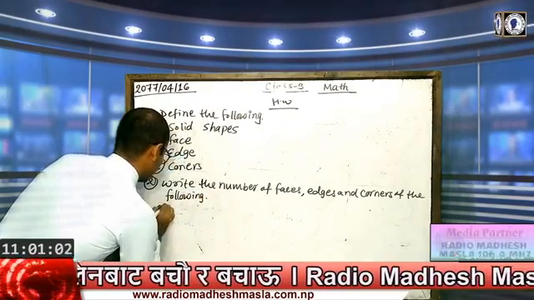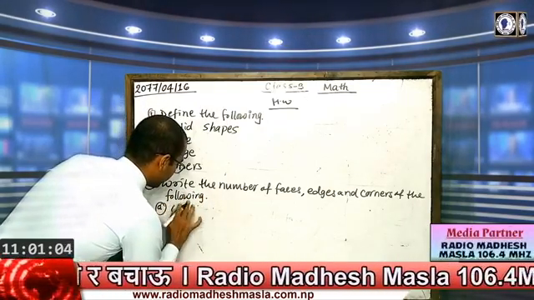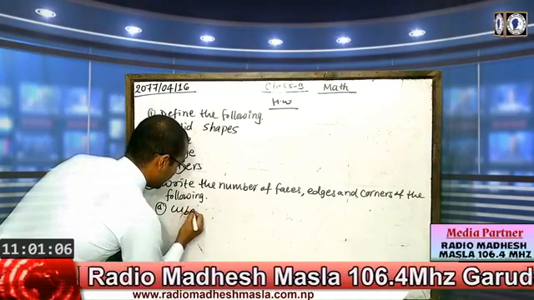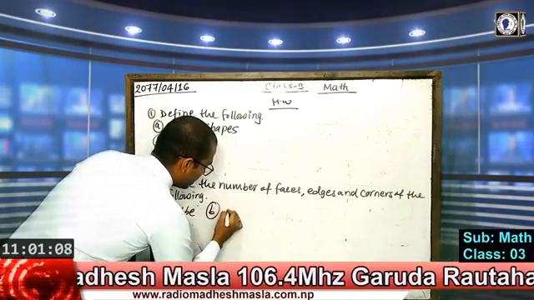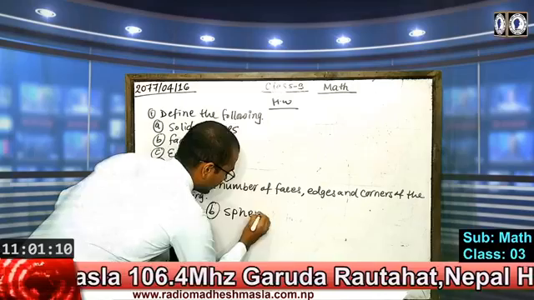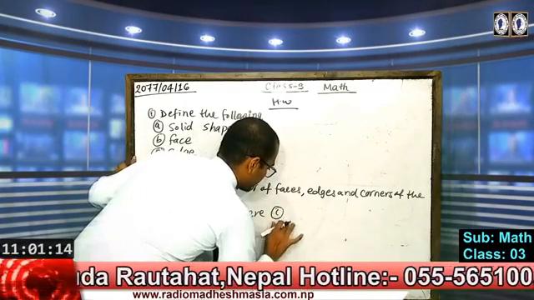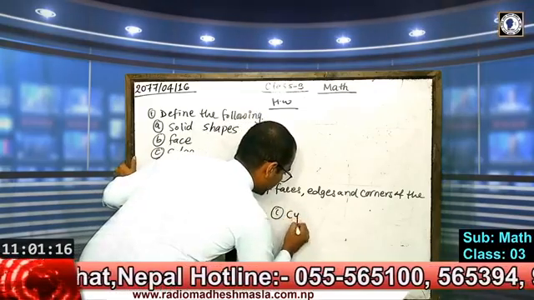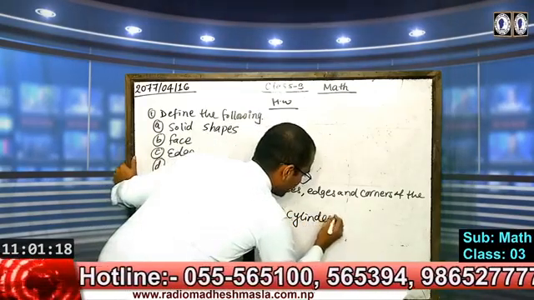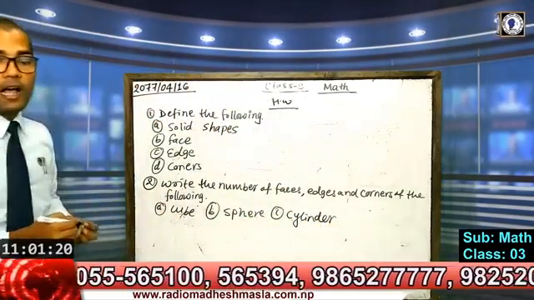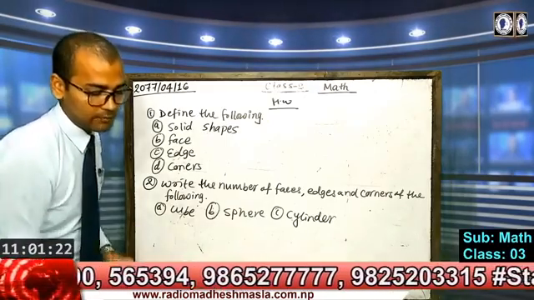First you have to write cube. Question number B is sphere. Question number C is cylinder. This much.